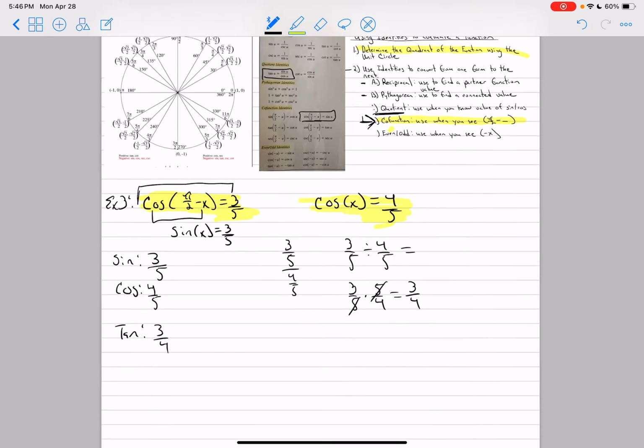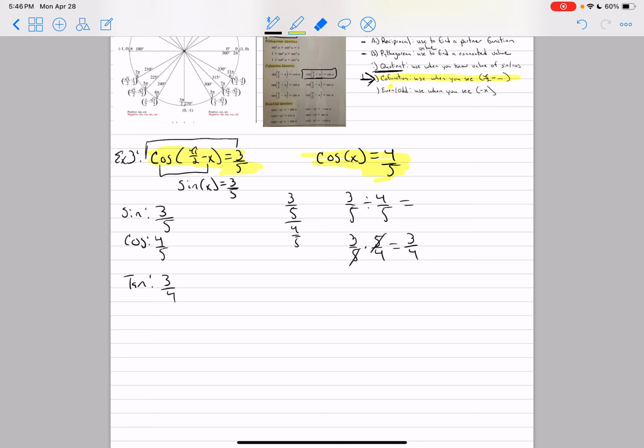Come on, y'all, finish this off. You should be able to tell me the cosecant, the secant, and cotangent. All those are just reciprocal identities.